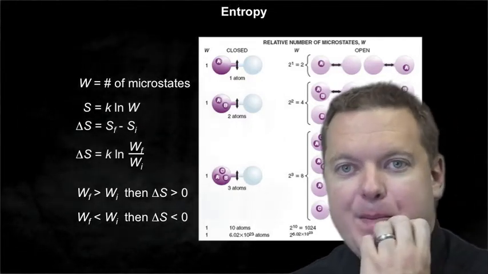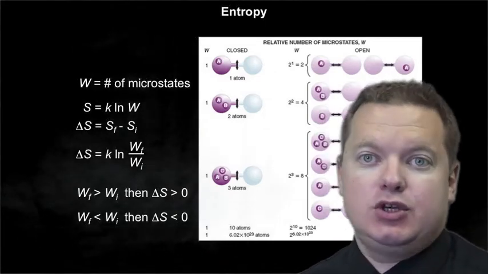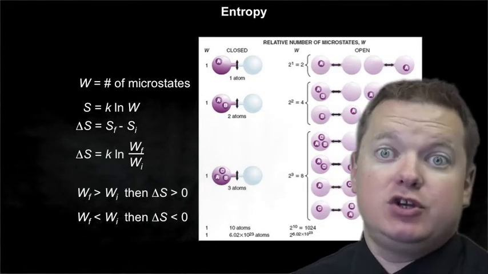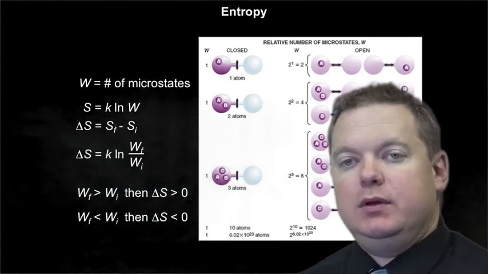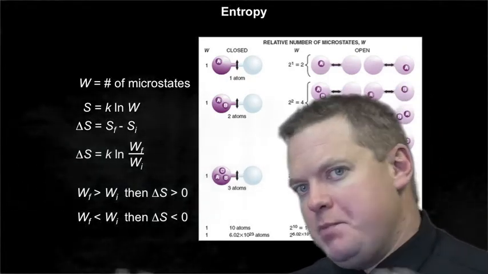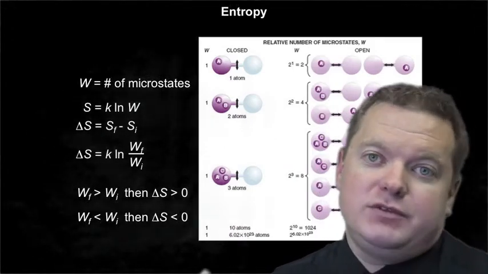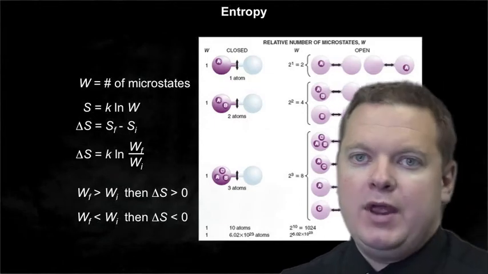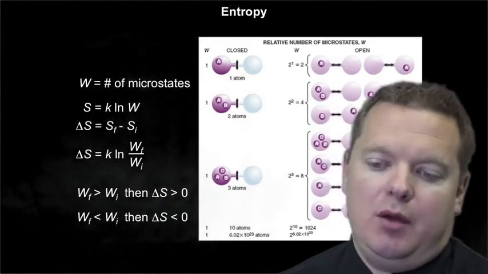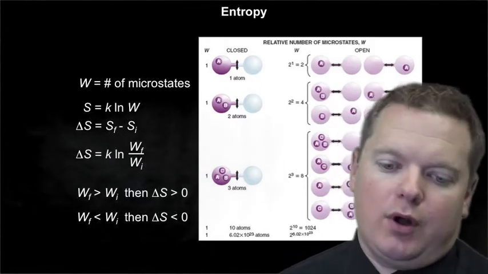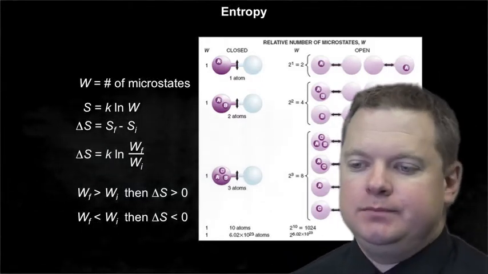So the more particles we have, the greater the potential number of microstates, which means the greater the potential for disorder. So when we're comparing these entropy changes, we can think of it in terms of microstates. Are we increasing or decreasing the potential number of microstates? That is a reflection of the disorder, or potential disorder, of the system.